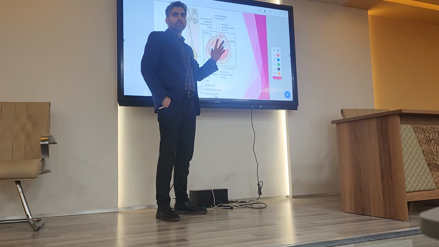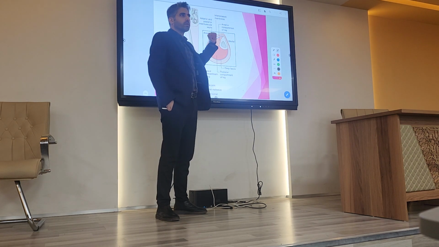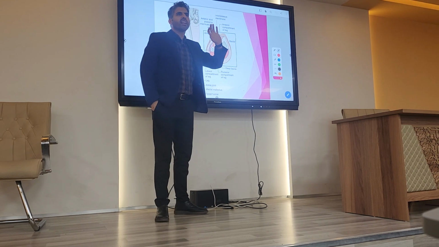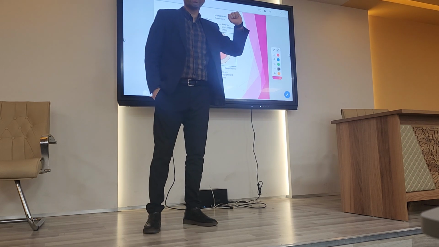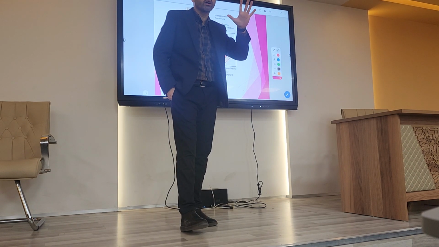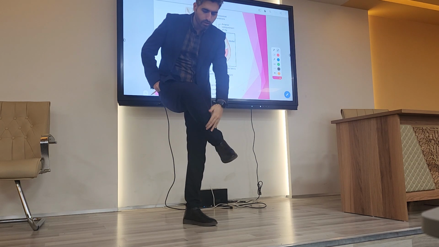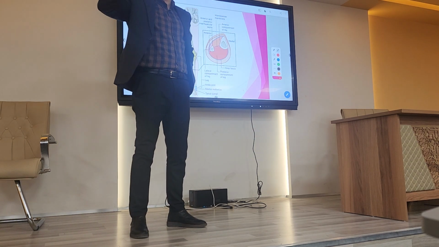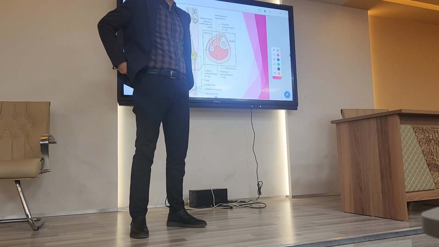Then we're talking about each muscle. Anterior compartment, what are the names of the muscles? We have four muscles in the anterior compartment of the leg, and one muscle in the dorsal side of the foot, so five.